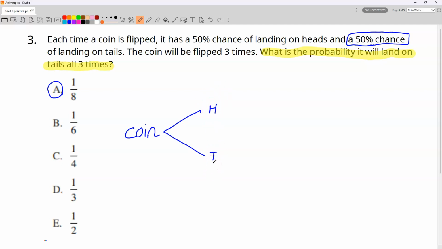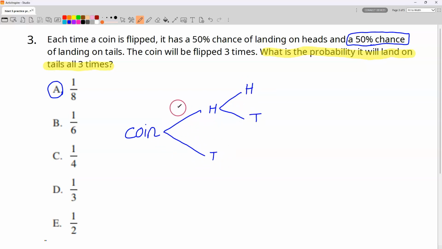Now, I flip it again. So let's say it lands on heads the first time. When I flip it again, this is the second flip. This was the first flip here. Now I'm flipping this one again. It's again either going to be heads or tails.